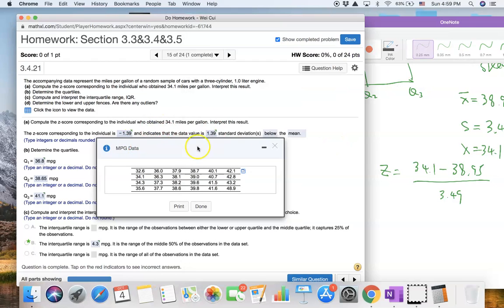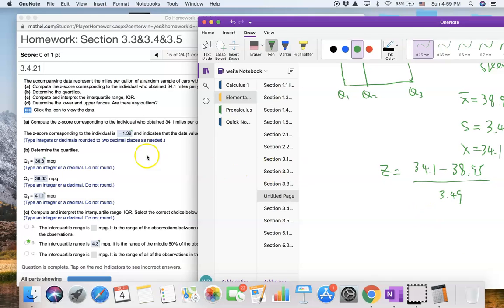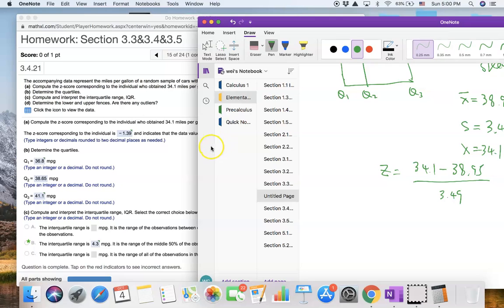So how to interpret this result? The z-score is negative 1.39. That means the data of this individual is 1.39 standard deviations below the mean. Because we said the z-score tells us how many standard deviations the data is away from the mean.